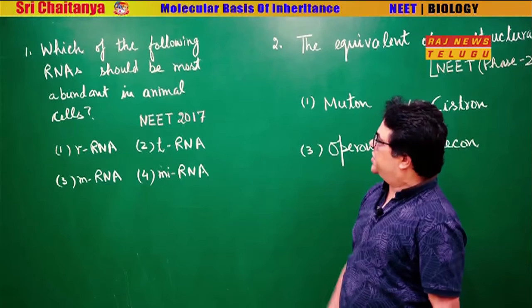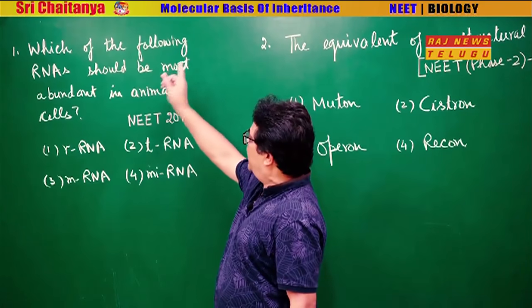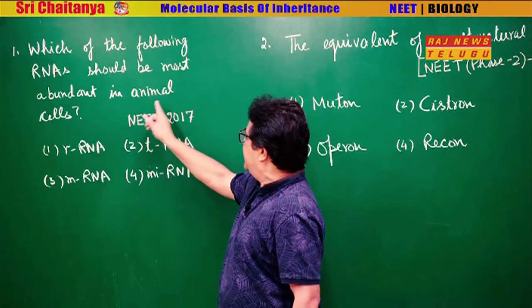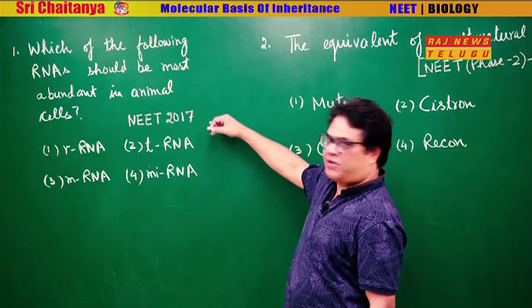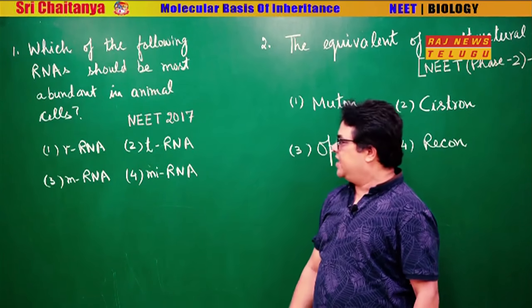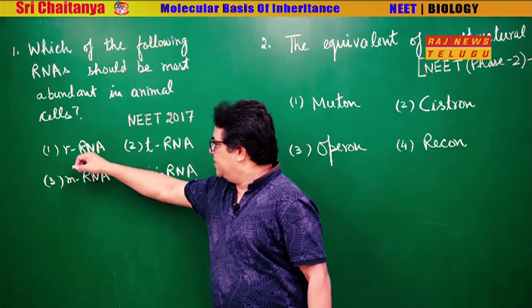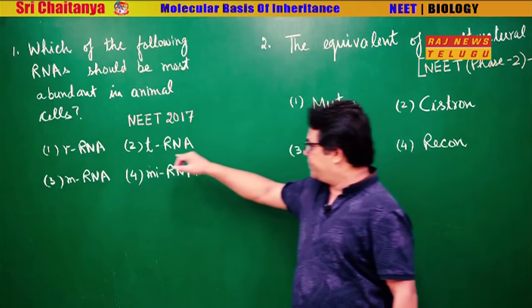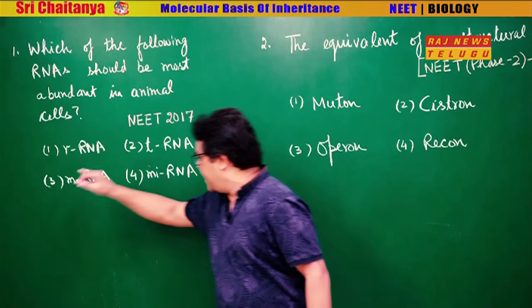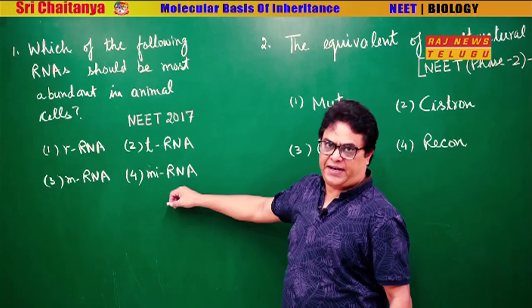Our first question: which of the following RNAs should be most abundant in animal cells? This question was asked in NEET 2017, and the options are first ribosomal RNA, second tRNA, third mRNA, and fourth miRNA.